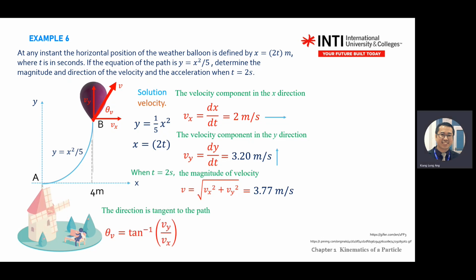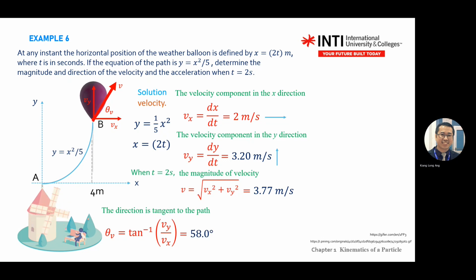So in this case, direction is tangent to the path. Why tangent to the path? Because velocity is always tangent to the curve. V there, right? Okay.